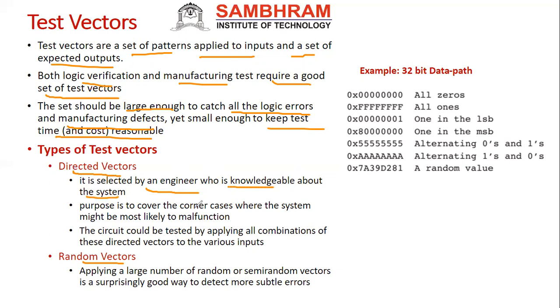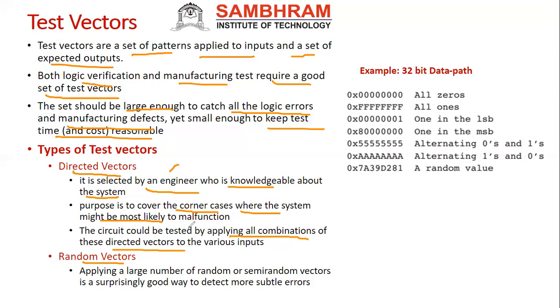Only the design engineer knows the system well. The purpose is to cover the corner cases where the system is most likely to malfunction. Next, the circuit could be tested by applying all combinations of these directed vectors to various inputs.